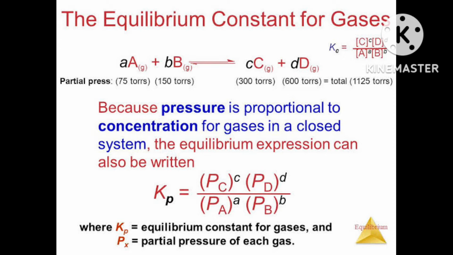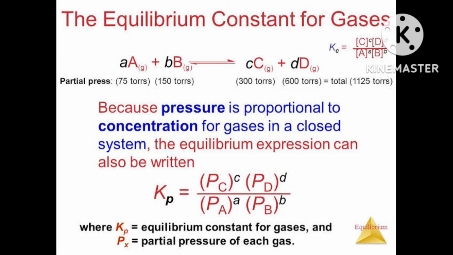Now Kc you have understood. Now how Kc and Kp are related, that I am going to tell you, because that relation is very, very important, most important, and numericals will be based on this relation. That's why I am going to derive that relation.